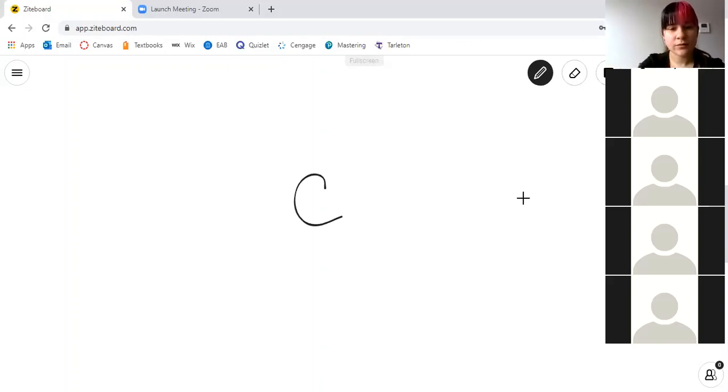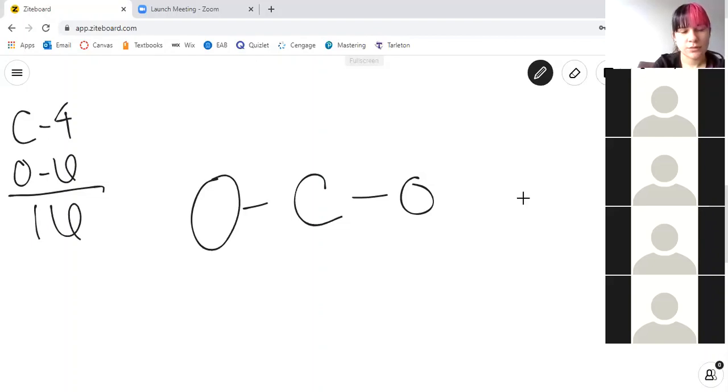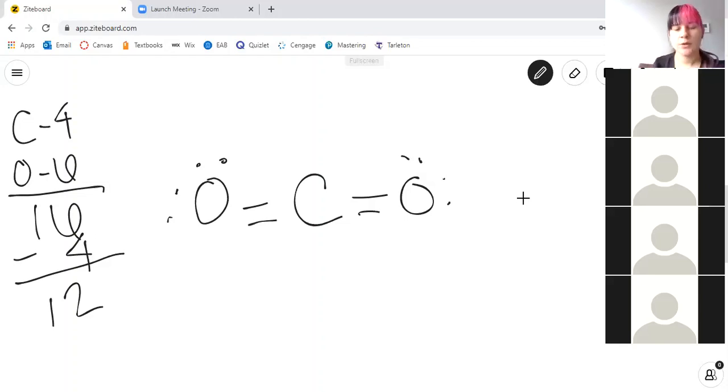So we have C. Carbon is 4, oxygen is 6, times 2 is 12, plus 4 is 16 valence electrons.